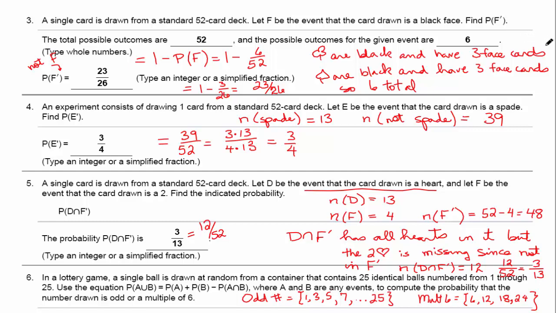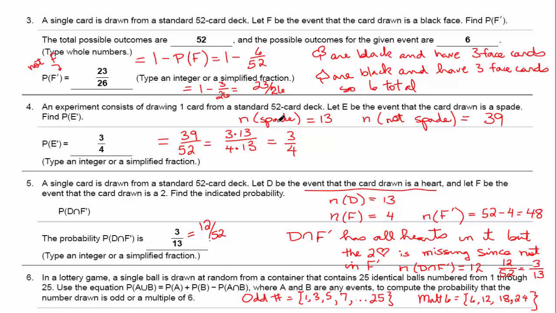All right, question 4. Again, a 52 card deck. E is a spade. We know there are 13 spades. What do they want? Find the probability of E complement, so not a spade.